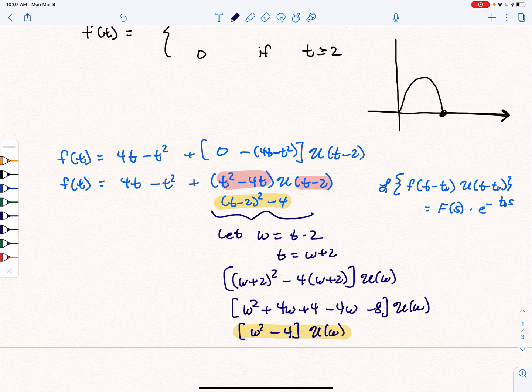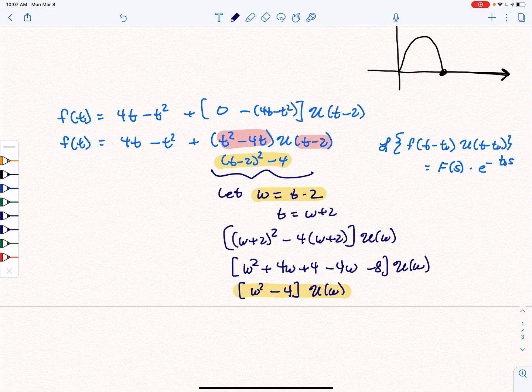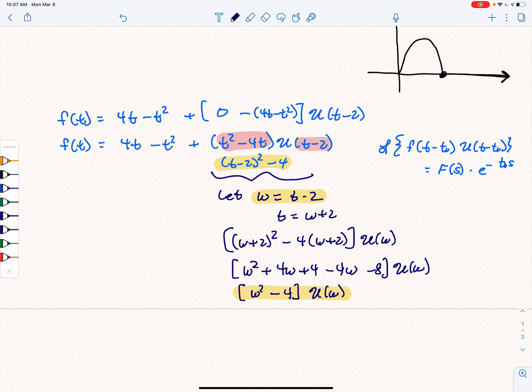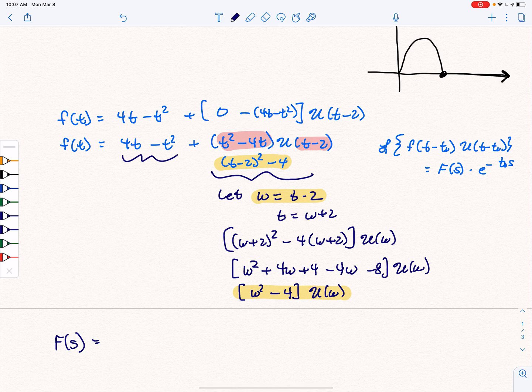Just remember that w was t minus 2, which means that when we go to transform it, we're going to be multiplying by e to the negative 2s. So we can actually go right from the w expression to the transform. So F of s is equal to, going back to the old stuff because those are not shifted, 4 over s squared minus 2 over s to the third.